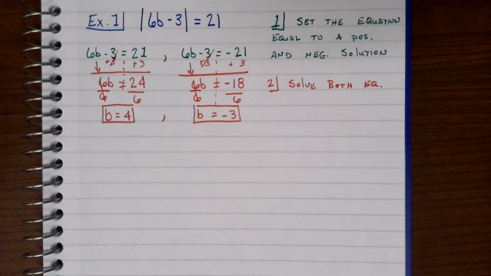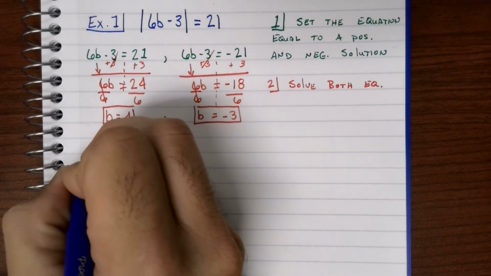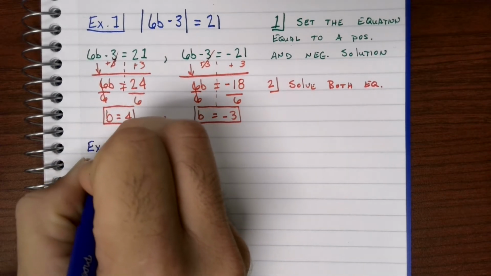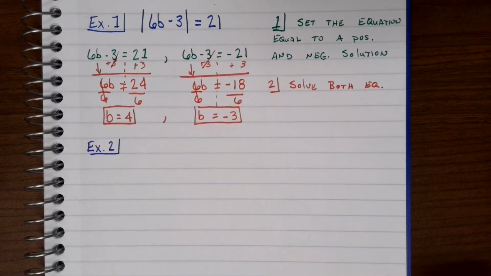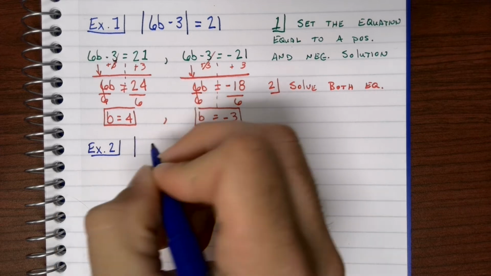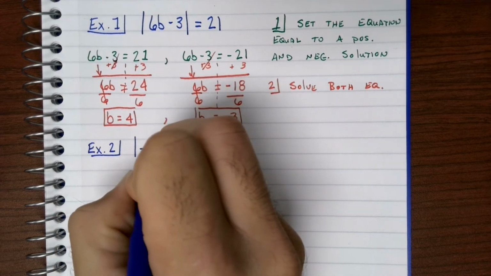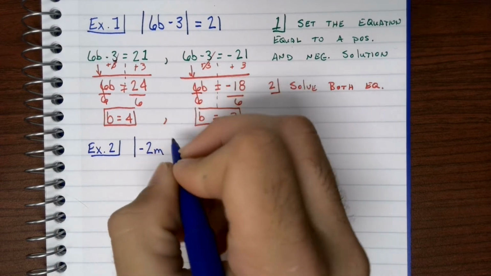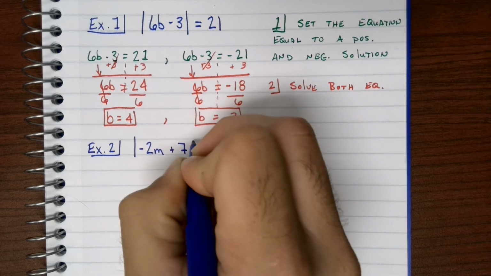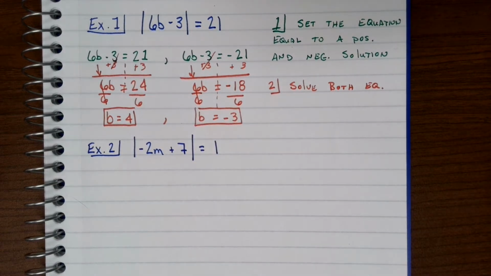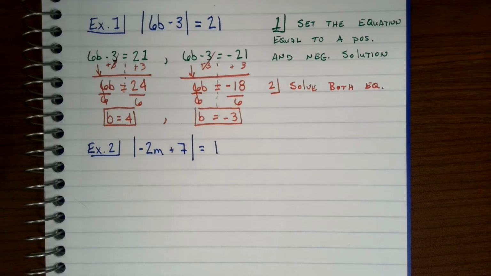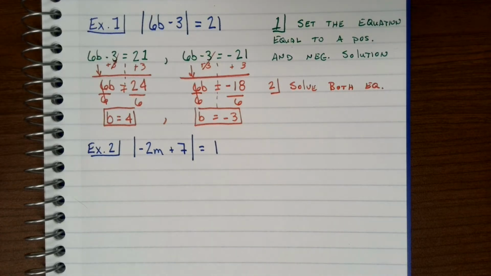All right, let's look at another one. Let's say the absolute value of negative 2m plus 7 is equal to 1. Again, we're going to set two different equations.